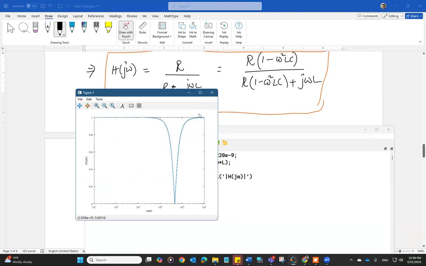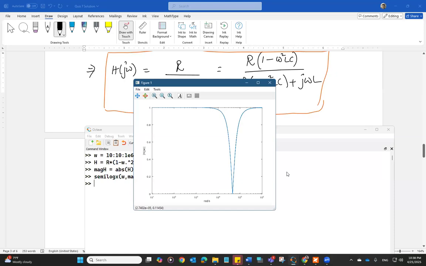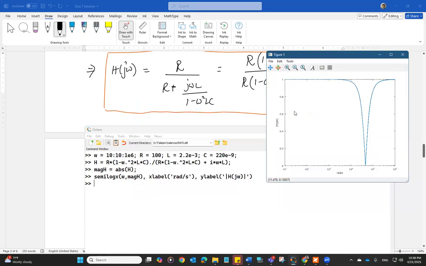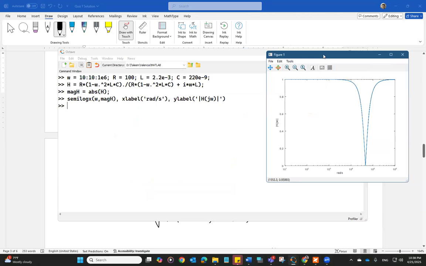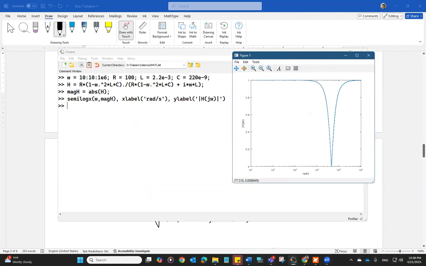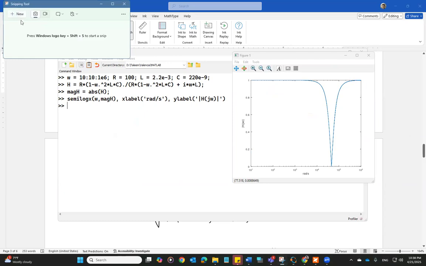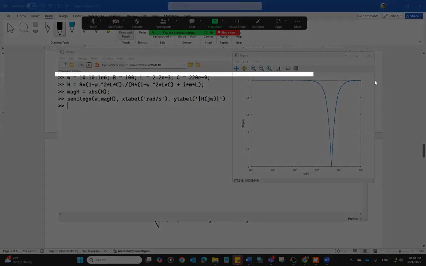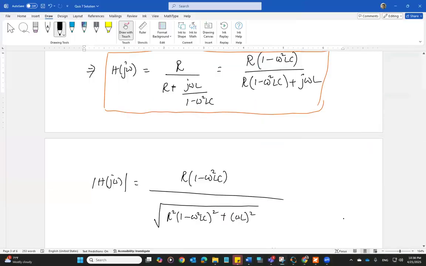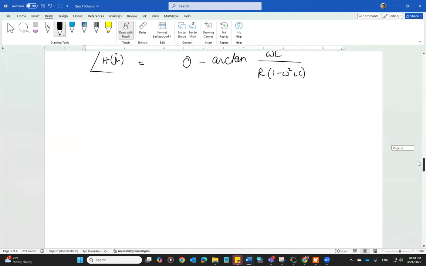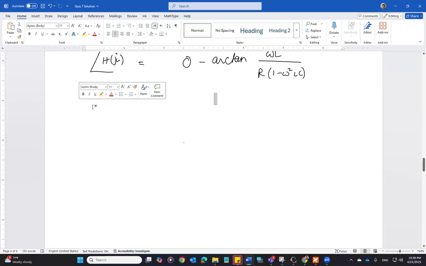And as you can see, this is turning out to be a bandstop filter, as we expected. So this is the bandstop filter. So it's quite easy to do the derivation as well as the plotting.